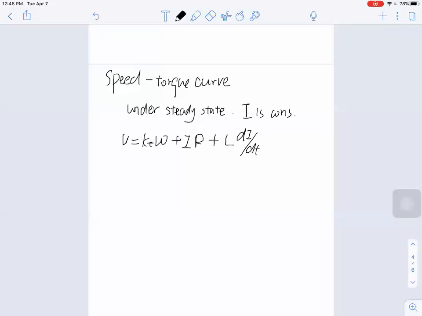If current is constant, what term will go to zero? If you look at the third term, di over dt, that's how the current changes. If current is constant, then this third term would be zero.